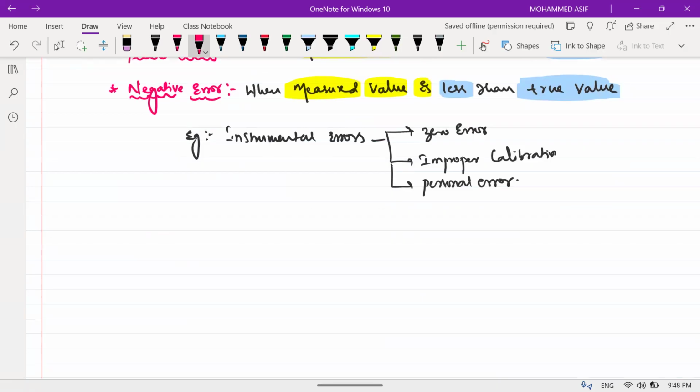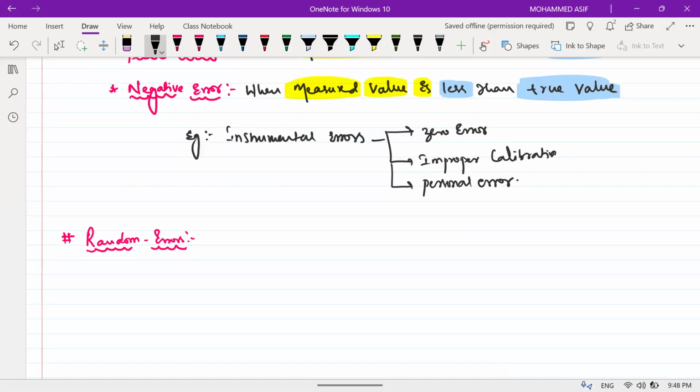Next slide. Random errors. What do you mean by random errors? Random errors are errors which cannot be associated with any constant cause. We do not exactly know the cause for these. Such errors are called random errors.